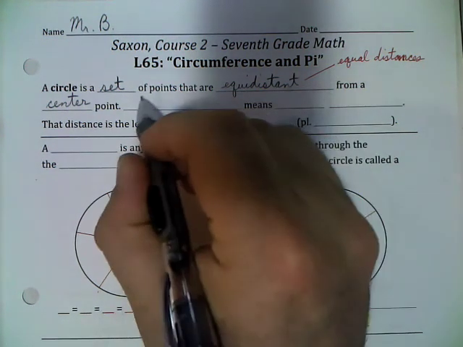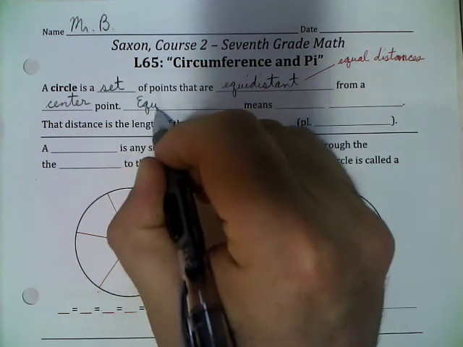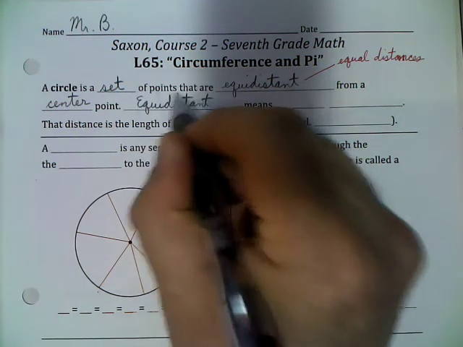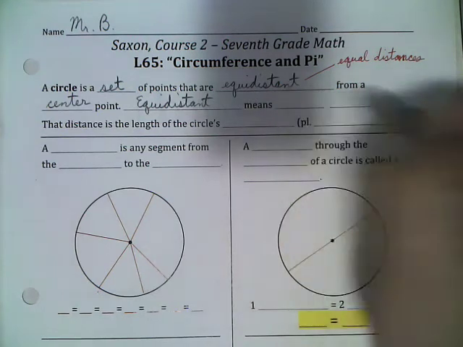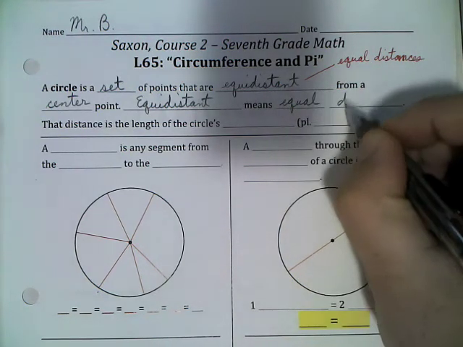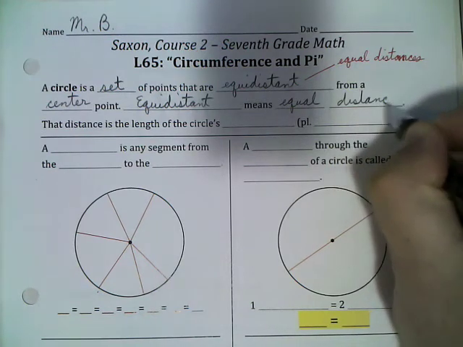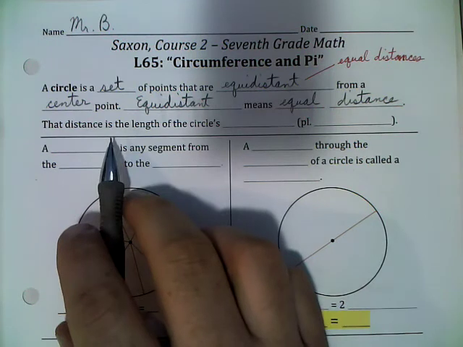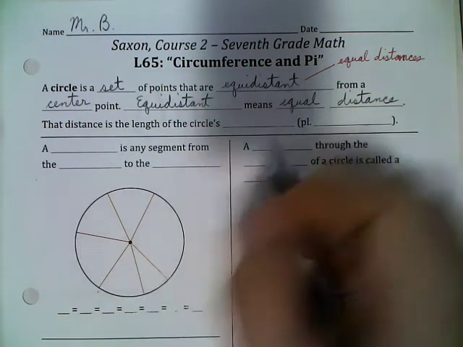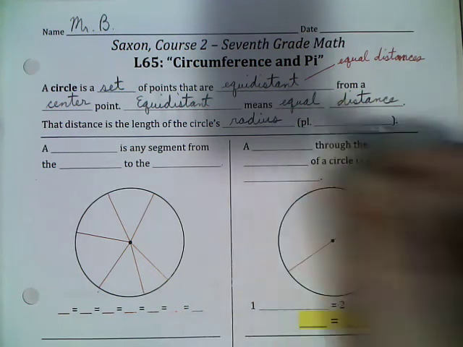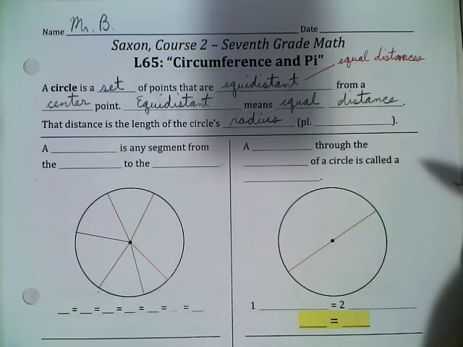So equidistant means equal distance. That distance is the length of the circle's radius. We call that equal distance radius.